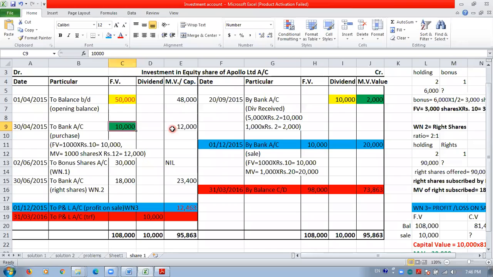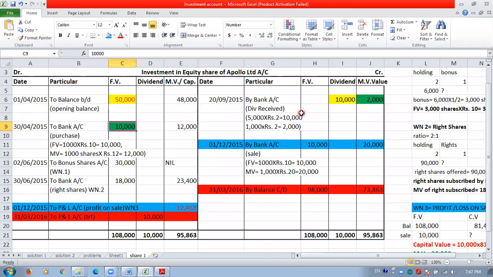So it is going to reduce her cost of capital, because she didn't hold these 10,000 face value shares on 31st March 2015. She held them only from 30th April 2015. So whatever dividend she gets on these 10,000 is going to reduce her cost.